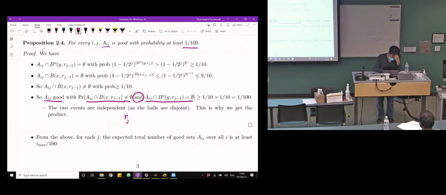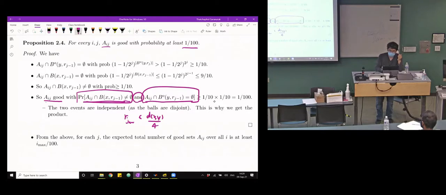This is why I assume that R_j max is at most this thing, so that the balls are disjoint. But if they are disjoint, then you just need to compute the product of these two probabilities, and both of them are constant. Okay.